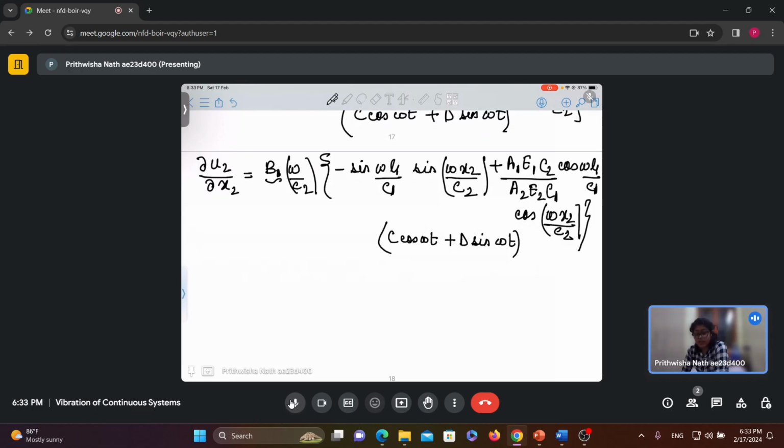Now this has to be calculated for x2 equals L2 at time t. So this partial derivative is 0 at x2 equals L2, at any time t. So how can I write this? At L2, t equals 0.